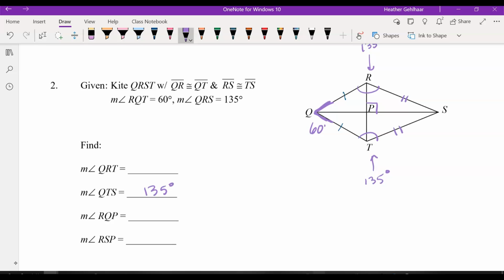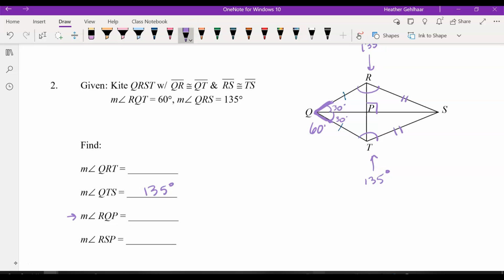Since the full angle is 60, and I know that these two are bisected, because if I were to fold this kite in half, this would be 30 degrees, and this would be 30. Do we have an RQS? No, but do we have an RQP?